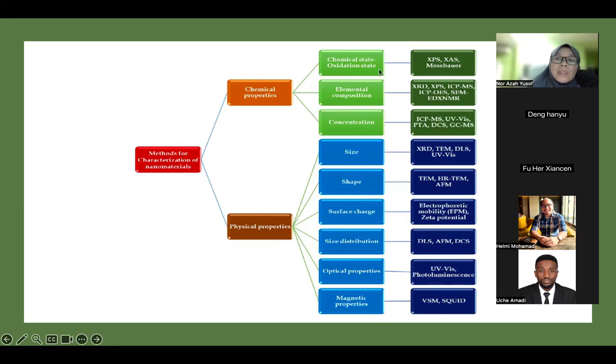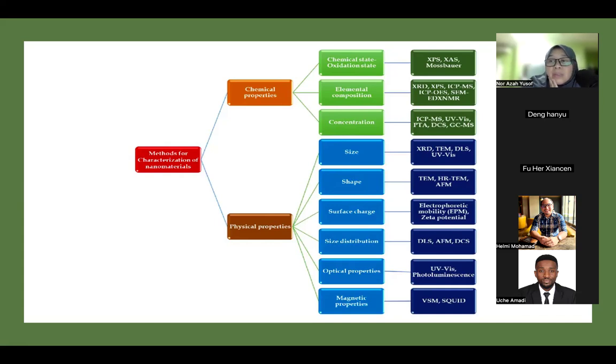And this is what you wish to know. For example, if it is about oxidation state, then you can use XPS; for elemental analysis and composition, XRD, ICP. For concentration, if you are working with gold nanoparticles, you have to use UV-Vis to identify the concentration. If it is size and shape, TEM; for surface charge, zeta potential; and if we need to know the size distribution, the optical properties.